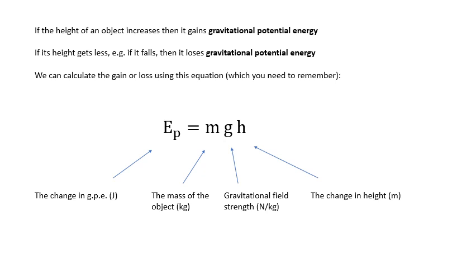Okay, at A level we use 9.81, but at GCSE 10 newtons per kilogram. You'll be given that actually. And then h is the change in height. Whether it's lifted up or whether it falls down, h is the change in height. This is another equation which you need to remember. Make sure you know which equations you need to remember. It'd be a jolly good idea to write a list of them, stick it on your bedroom wall and learn them.